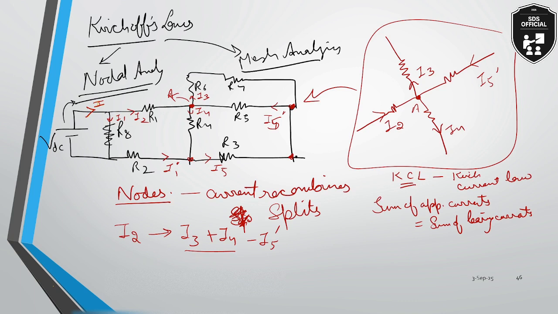The sum of the currents approaching a node and the sum of the currents leaving the node will be equal to each other at a particular node. For example, in this case, I2 plus I5 dash is equal to I3 plus I4.